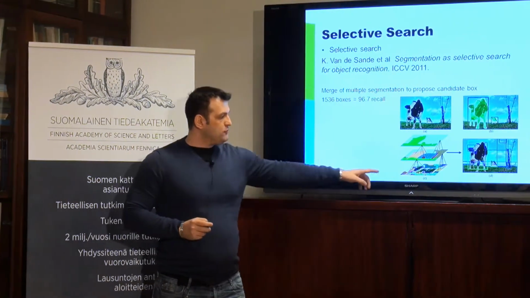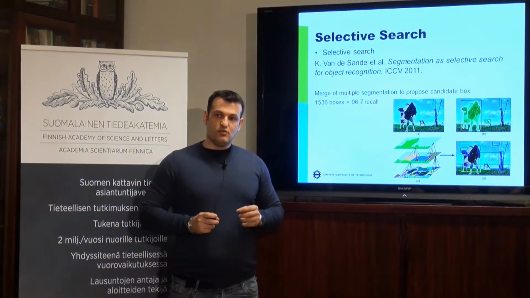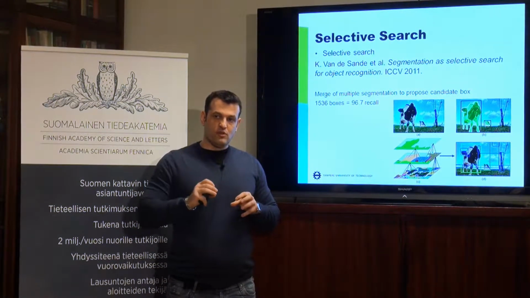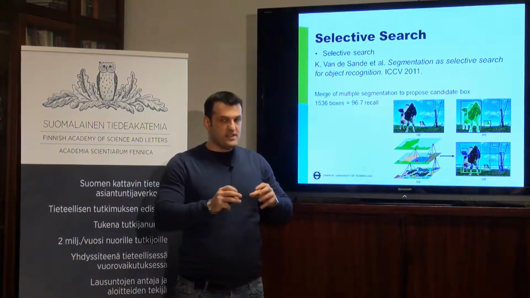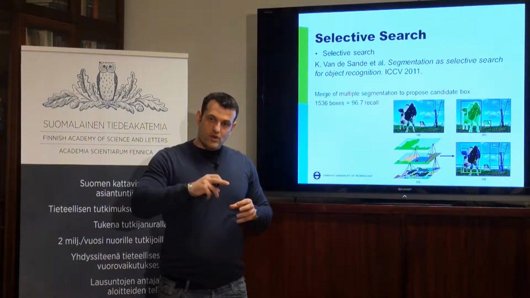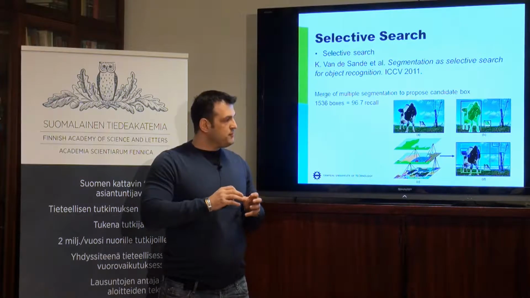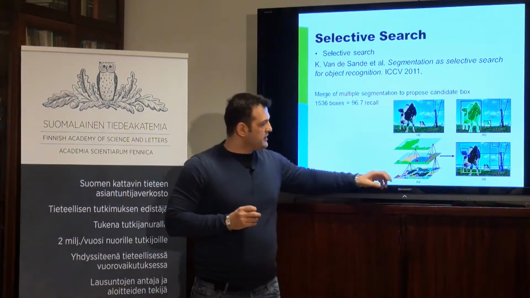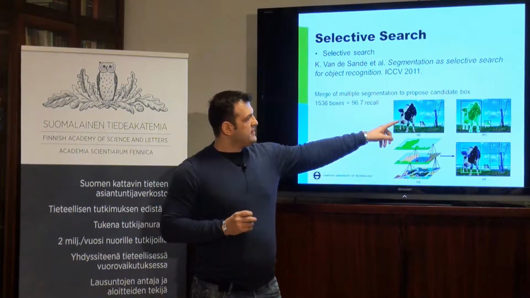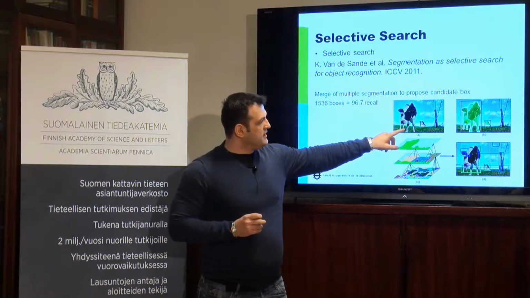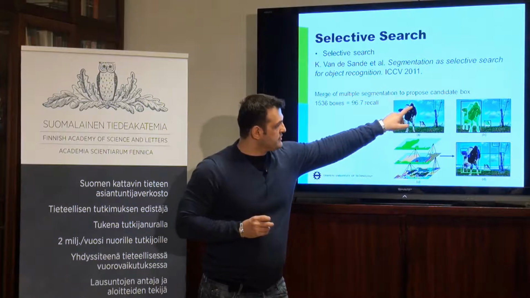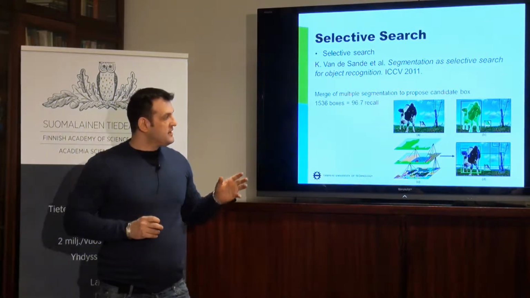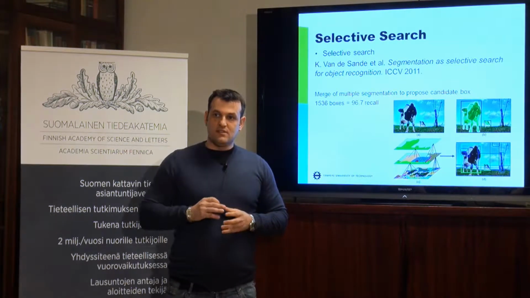This means that if we over-segment an image and create very small regions of uniform color, and then we combine these regions in a local neighborhood, we can come up with good bounding boxes. For example, here we can see that this cow can be formed by this region, this region, this region, this region, all of which are regions of constant color.